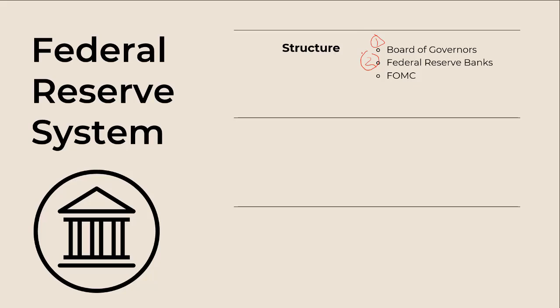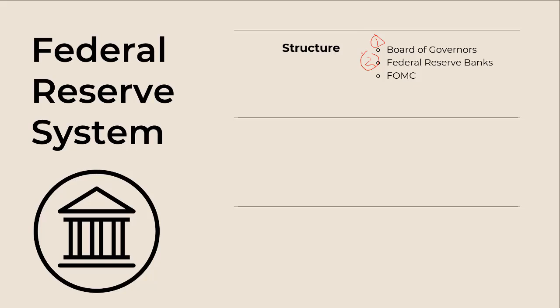Technically, each of these branches of the Federal Reserve banking system is independent, but really they all work together to implement the policies decided by the Board of Governors and the Federal Open Market Committee, which we're going to talk about in a second.